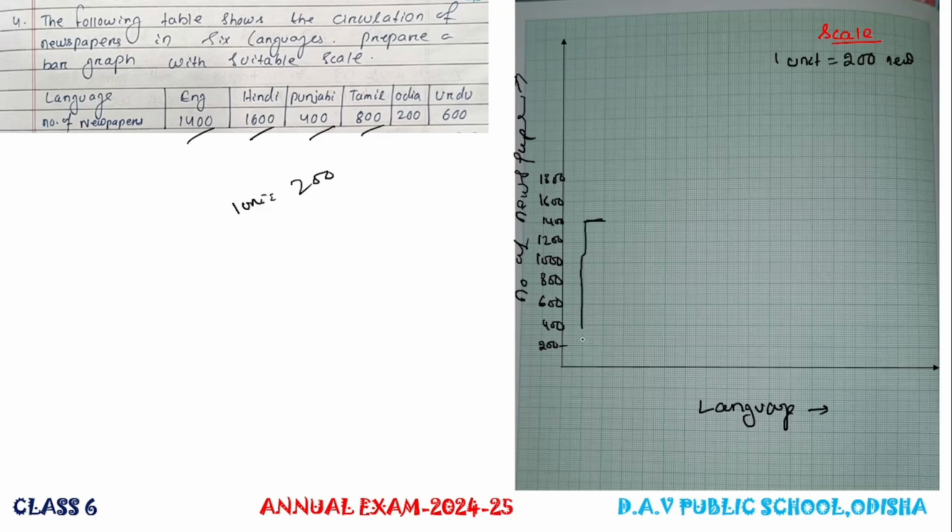So draw a rectangle using the scale and write down English. Now next is 1600. For 1600, first skip 1 unit, then draw the 1600 rectangle.